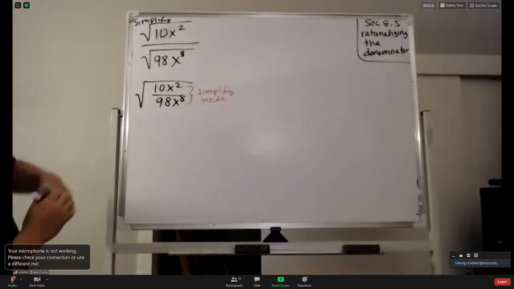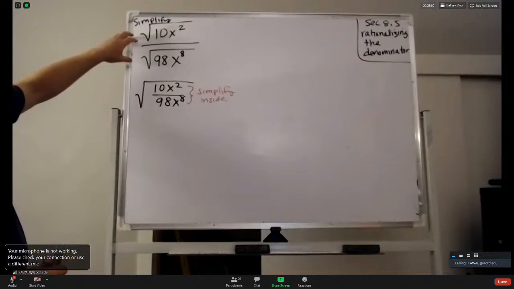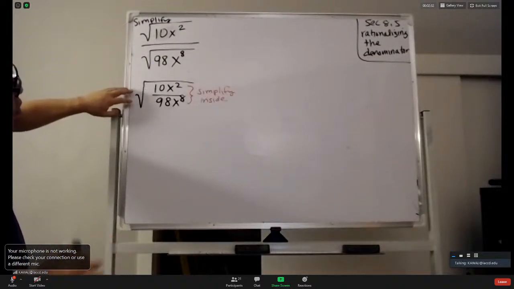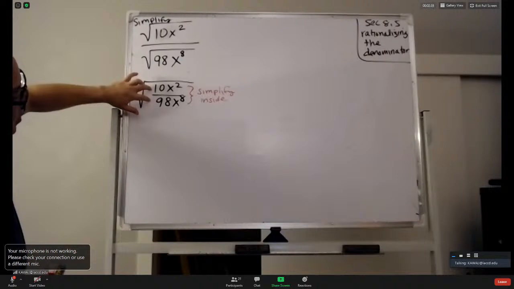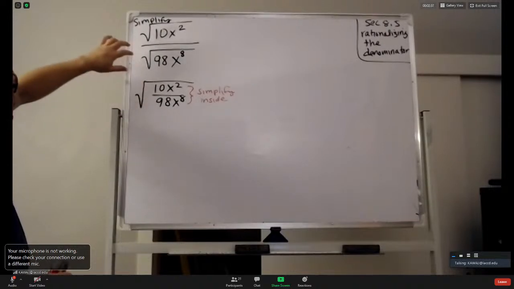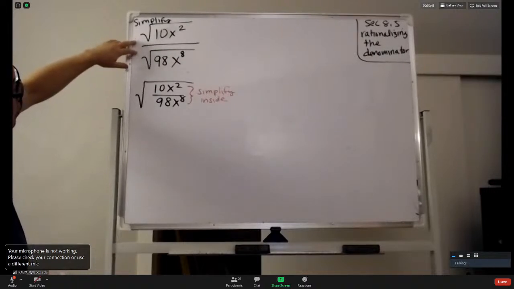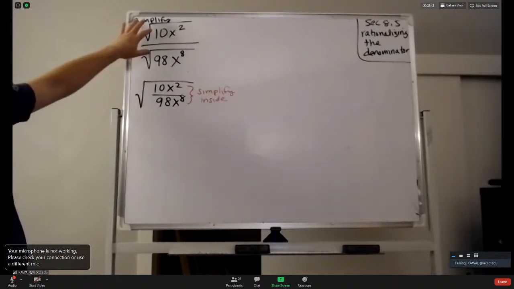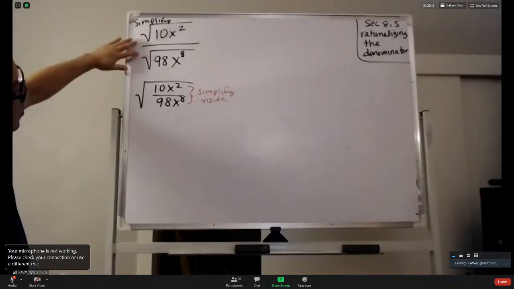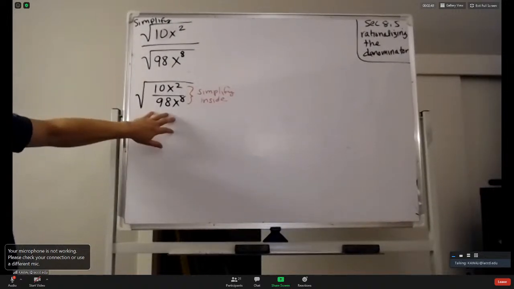So in yesterday's homework, you guys started from here. In today's homework, you're going to start from here, meaning that you'll have the same problem, but they'll be split in two pieces. So you'll start from here, you'll turn into this, and go ahead and simplify that inside.